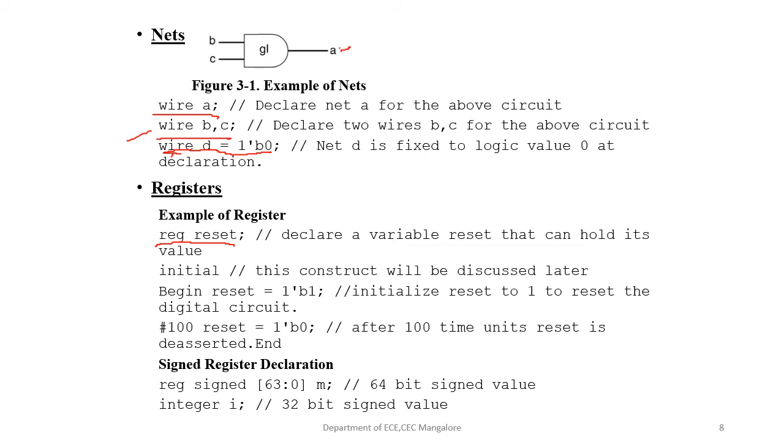So here a 1 bit register is reset. Whatever internal parts of the circuit, you can declare additional registers in the circuit like this. And the reset assigned value is 1. If reset is 1, then do something. Else, if reset is 0, you do something else.